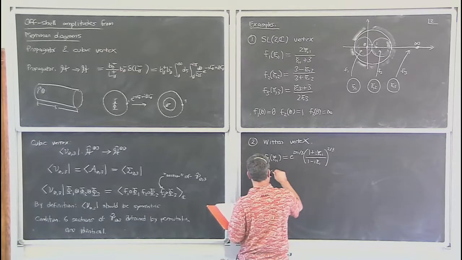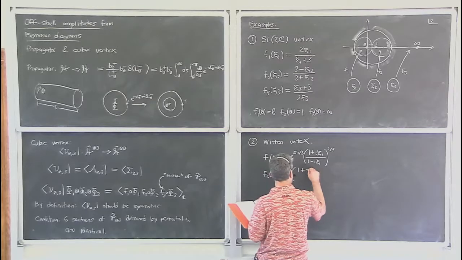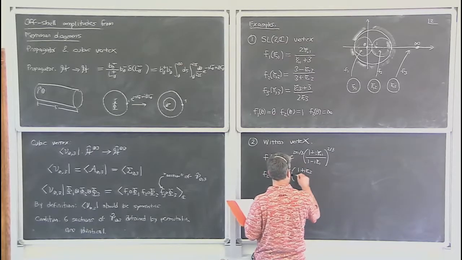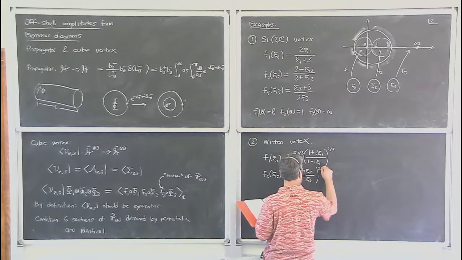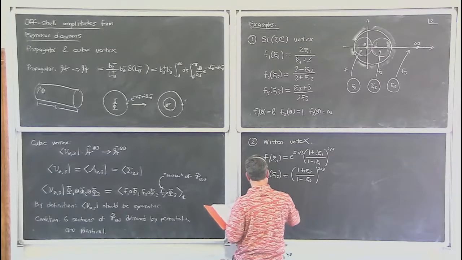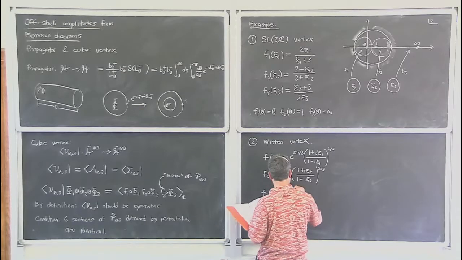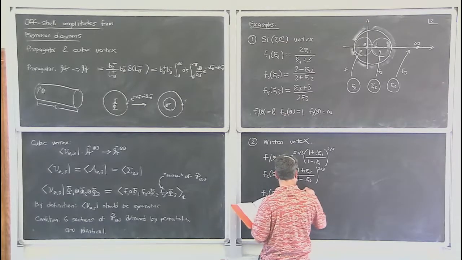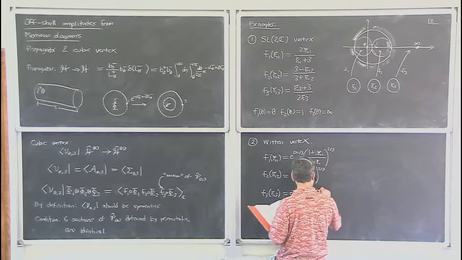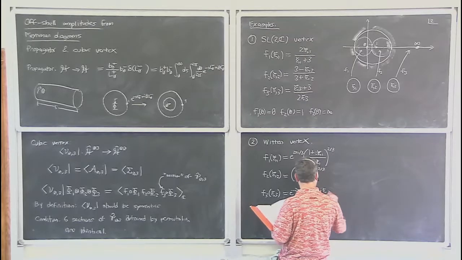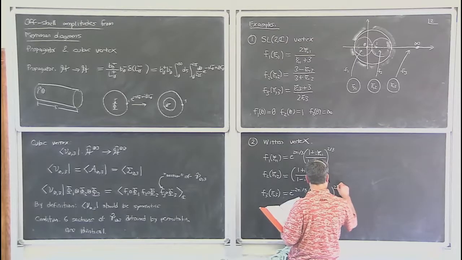F2 of Xi2 equals, okay, just again this factor, to the 2/3.